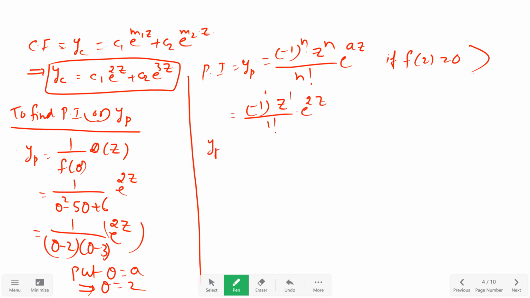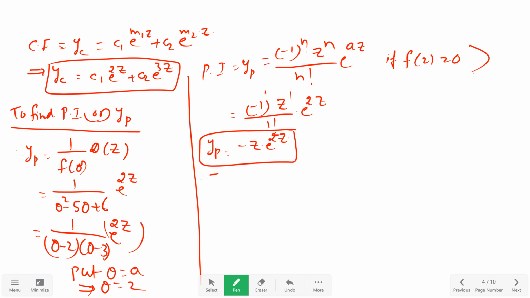So yp is equal to minus z into e to the power of 2z. So this is the particular integral.